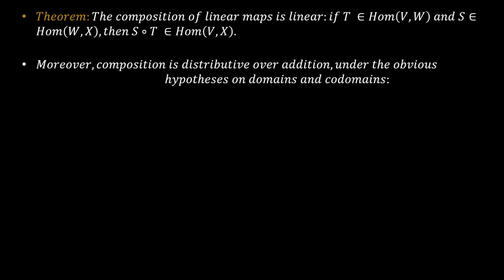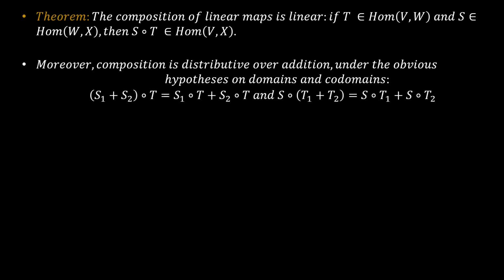If you have S1 and S2, and you create a composition with T, then you have S1 composed with T, and S2 composed with T. In the same way, if you have S and you compose it with T1 plus T2, you could open it up, distributing that composition around.